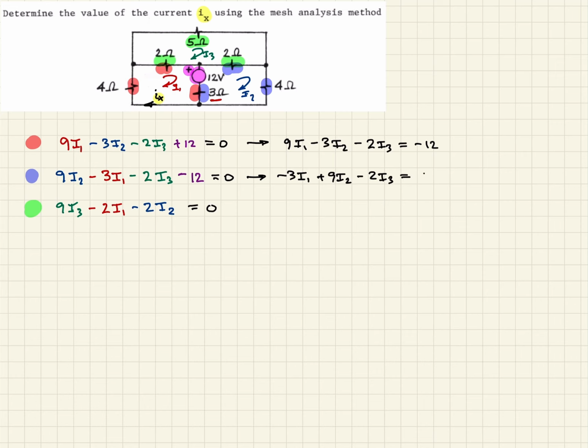That's going to be equal to positive 12. And then finally, for the third mesh, we will have minus 2 I1 minus 2 I2 plus 9 I3. That's going to equal 0.